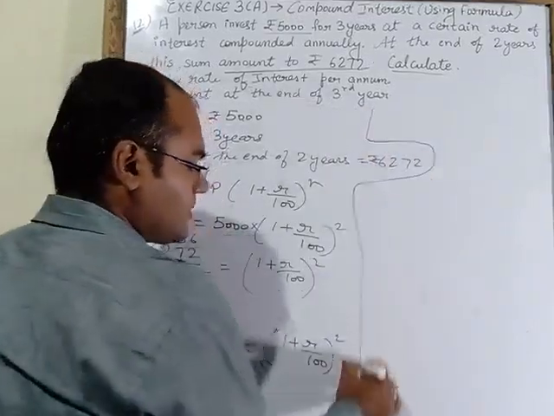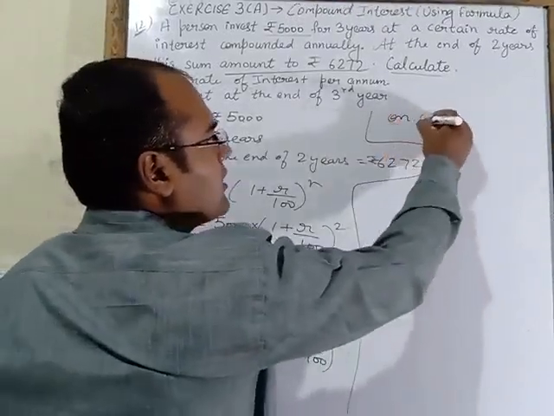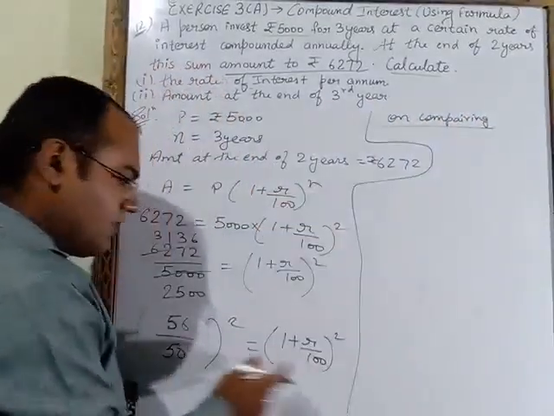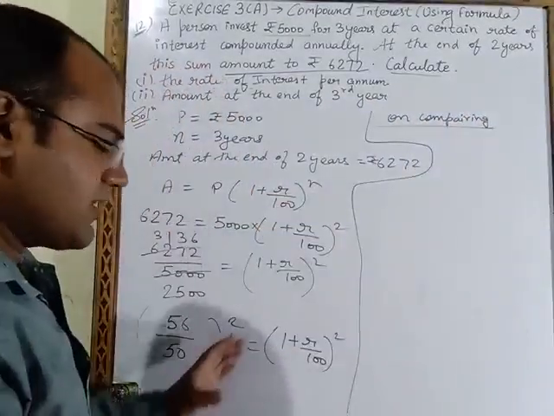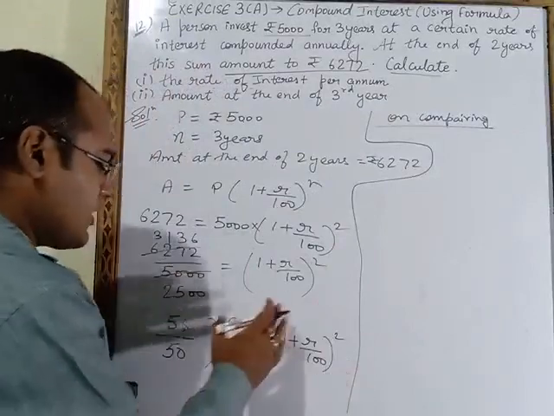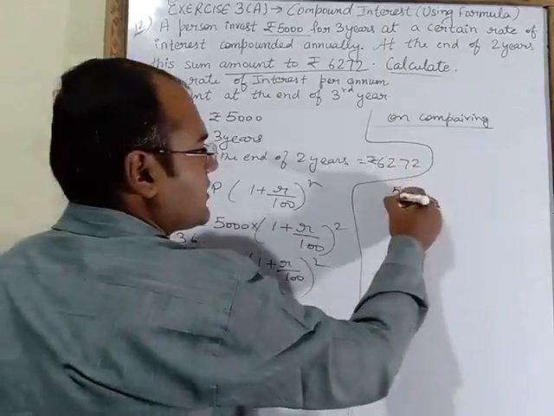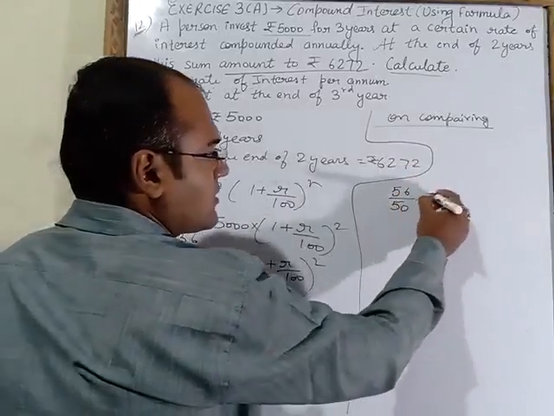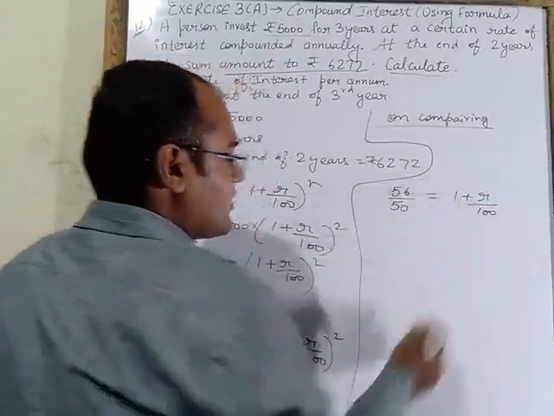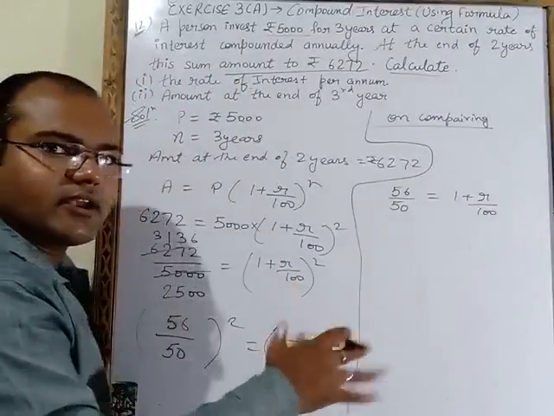On comparing, when we compare these two sides, left hand side and right hand side, squares will get removed. So the remaining term will be 56 upon 50 is equal to 1 plus R upon 100.